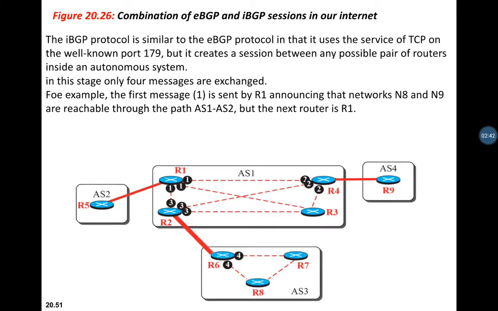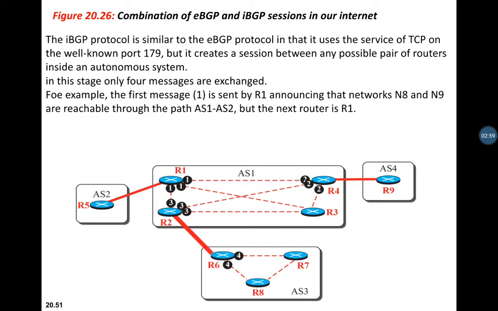We also saw iBGP, the internal border gateway protocol, which is similar to eBGP. It creates a session between any possible pair of routers inside the autonomous system. It is the internal one. In this stage only 4 messages are exchanged.